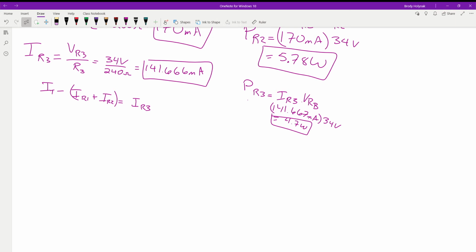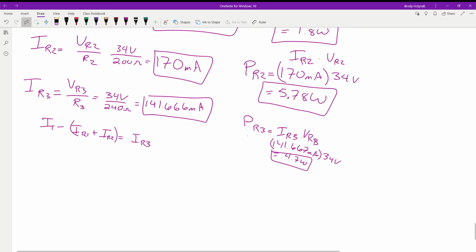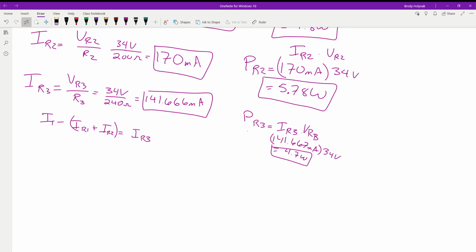Now we want to double check. Do all 3 of these powers add up to equal the 12 and change that we had? They should be pretty close. We right there?